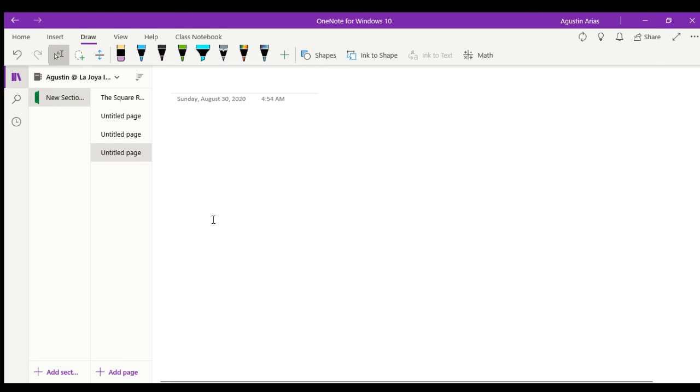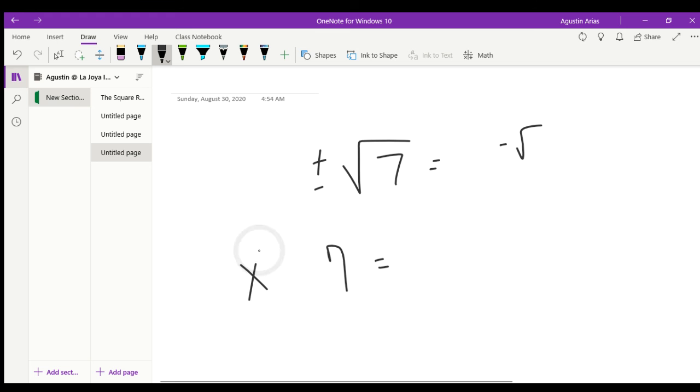So anytime I take the square root of a number, the answer is plus or minus that. I should have started right with x squared equals 7.